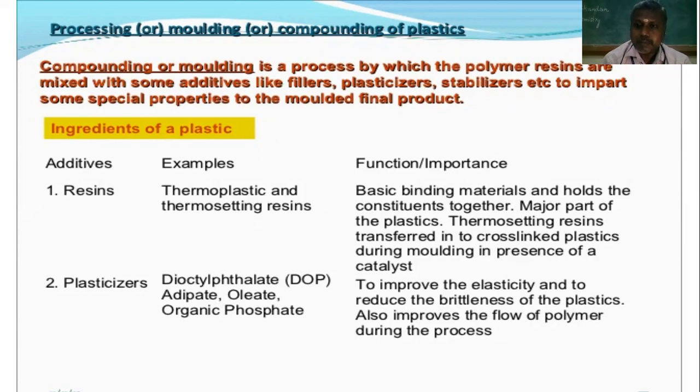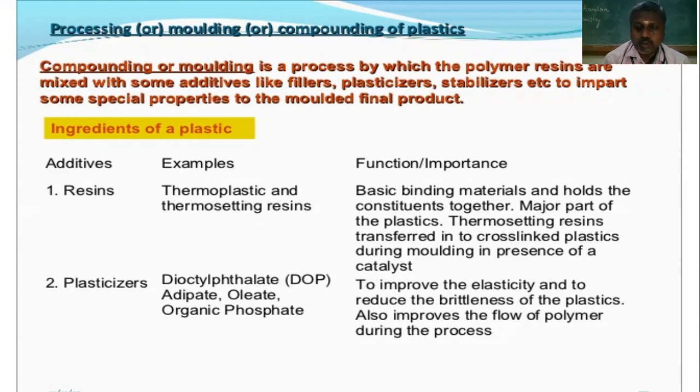These are the basic binding material and hold all the constituents together. It is the major part of the plastics. This is the basic material which holds all the ingredients which are mixed to impart some special characters. Thermosetting resins are transformed into cross-linked plastics during molding in the presence of a catalyst.